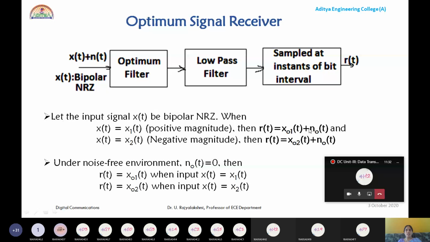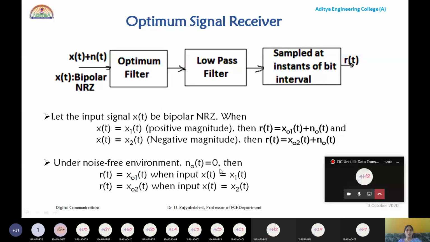And N0 of t is the output noise at the receiver section, because we considered R of t as X01 of t plus N0 of t when input X of t is at positive magnitude, and when input is at negative magnitude, we considered R of t as X02 of t plus N0 of t. Under noise free environment, we considered N0 of t as 0.